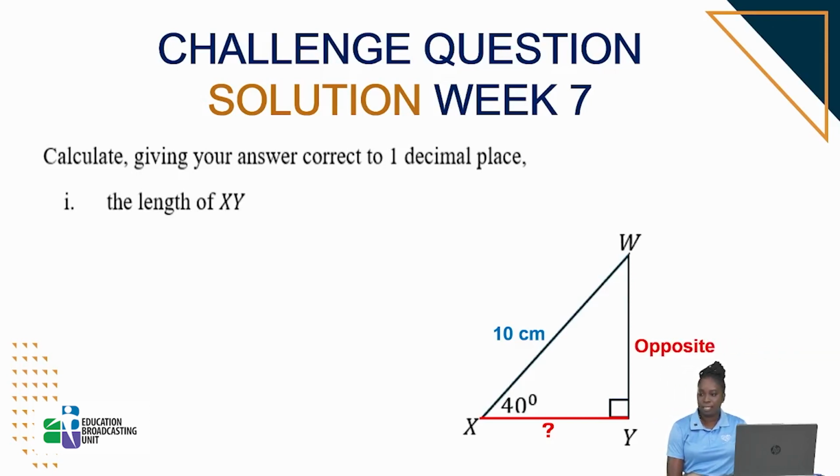We have the opposite, remembering that the opposite is the side that is facing the angle. The adjacent, which is the side next to the angle. And the hypotenuse, which is identified as the longest side, or can be identified also by the side facing the 90-degree angle.